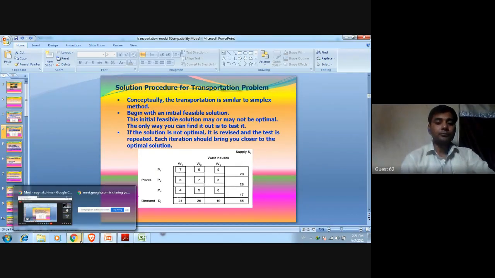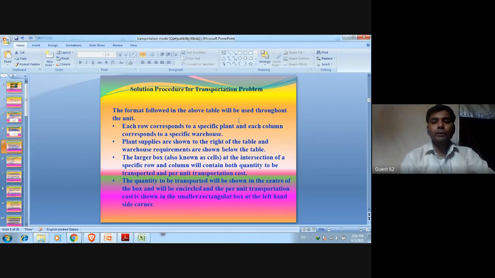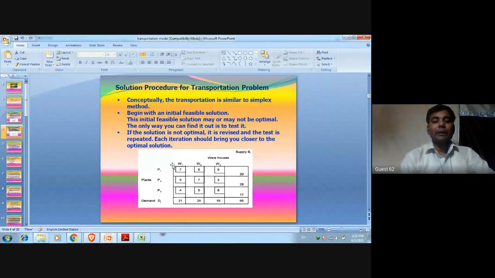And each column corresponds to a specific warehouse. W1, W2, W3: these columns are your warehouses.